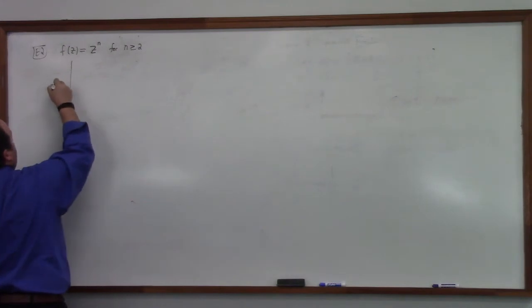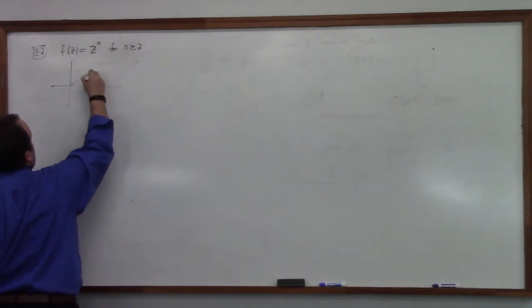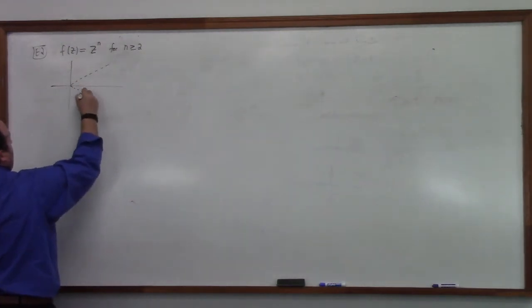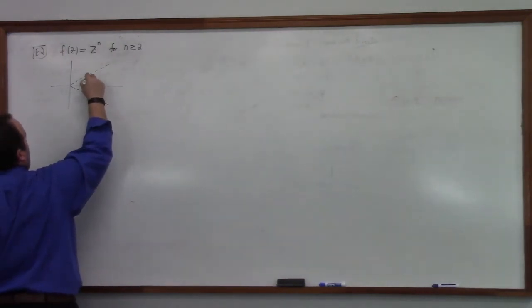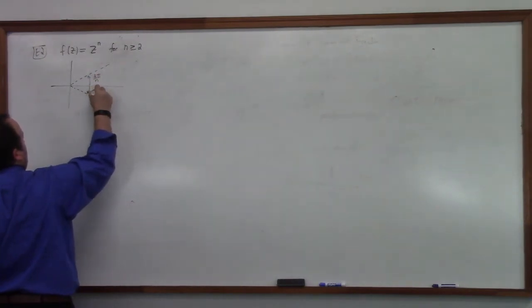Basically, let's take the domain to be minus 2 pi over n to 2 pi over n for the argument.